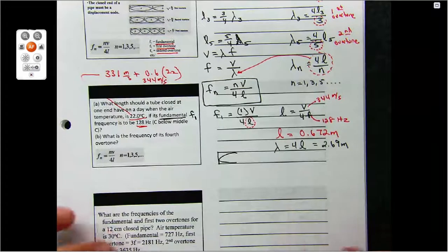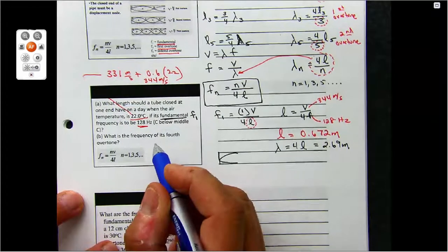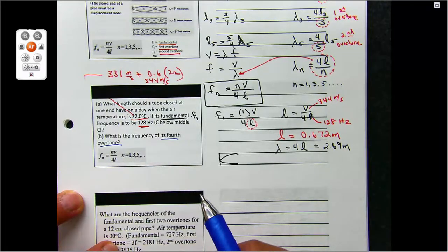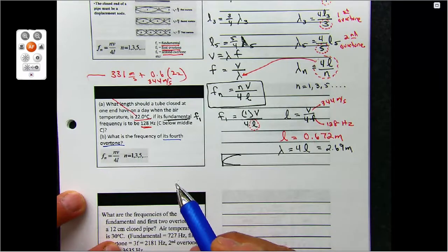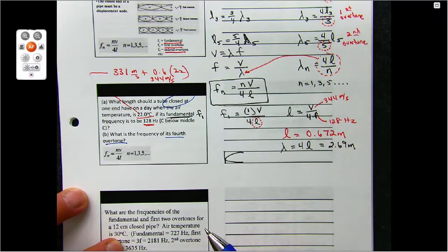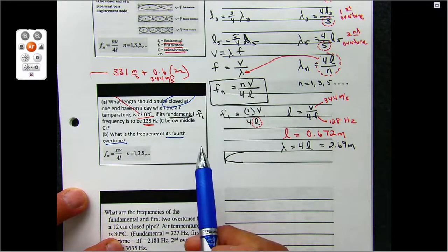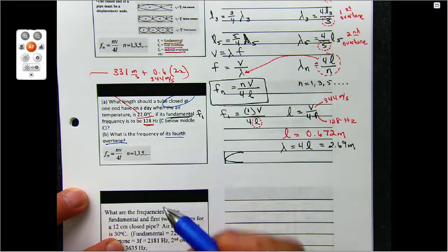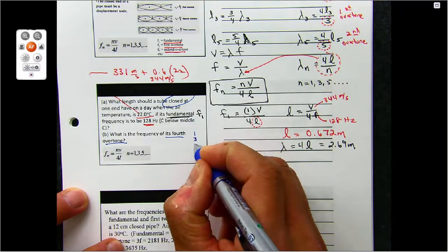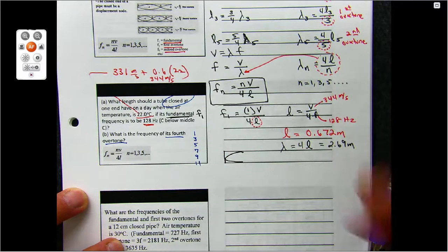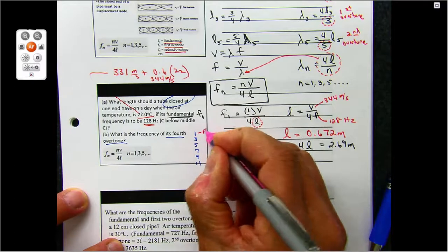So it looks like this, where the frequency of its fourth overtone. Now remember, you want to look for this right there. If it's closed, you want to go up by odd numbers, right? So we're going to go 1, 3, 5, 7, 9, 11. This is the fundamental, right?